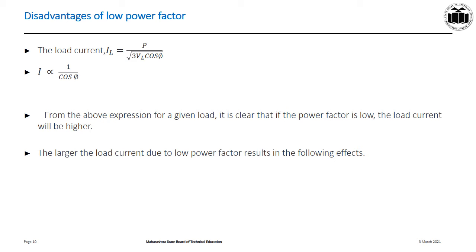As we know, real power formula is P equals √3 VL IL cos phi. So whenever the power factor is poor, the system will draw the higher current. The larger load current due to the low power factor results in the following effects.